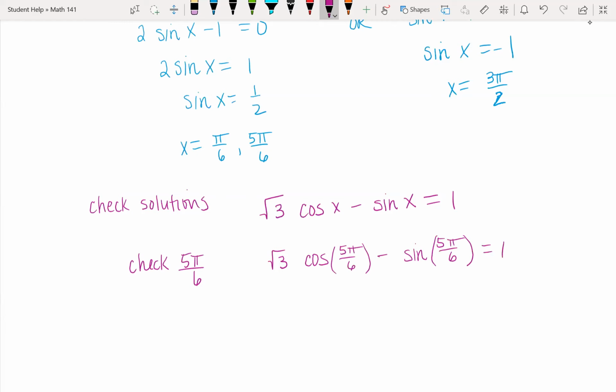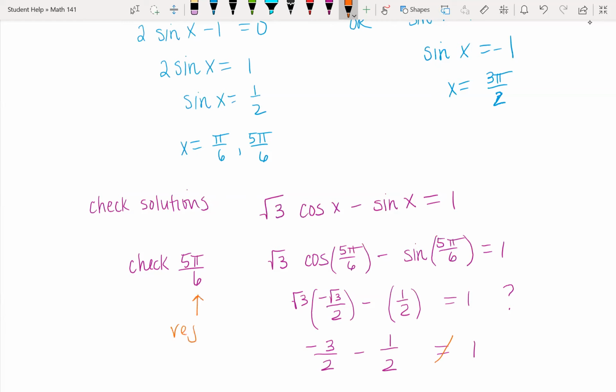The cosine of 5 pi over 6 is negative root 3 over 2. And the sine of 5 pi over 6 is 1/2. So multiplying this together, I have negative 3 over 2 minus 1 over 2. This isn't going to equal 1, right? This does not equal 1. So we reject this solution. It doesn't work, and it was created artificially because we squared everything.